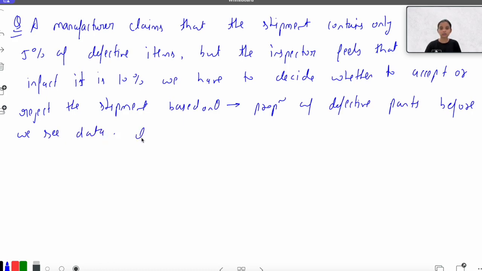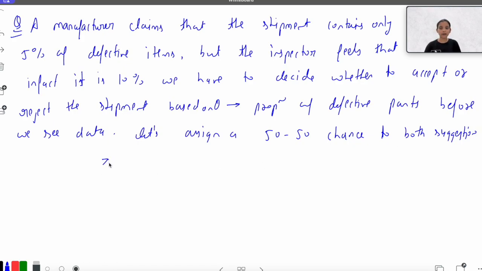Okay, so now they are saying let's assign a 50-50 chance to both suggestions. Okay, and what are these two suggestions? We are having two suggestions that the defectives are 5%.